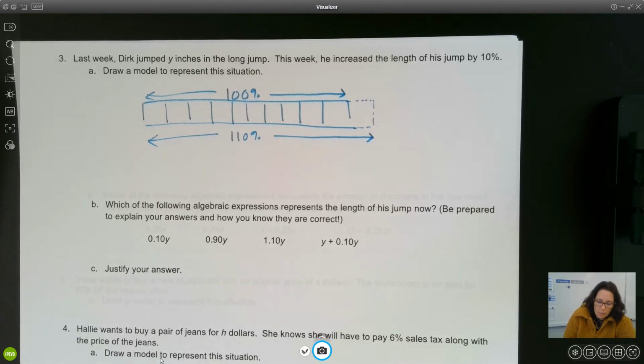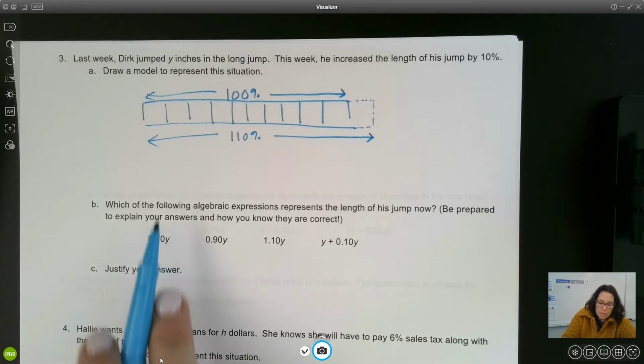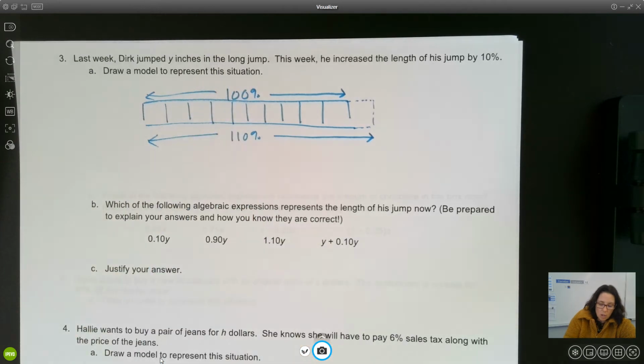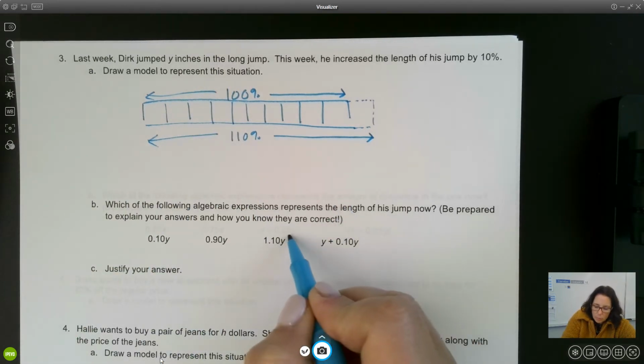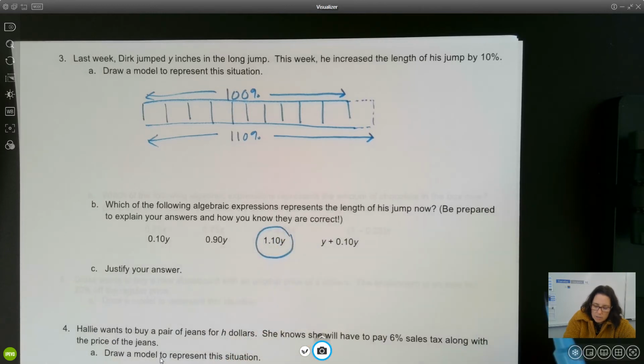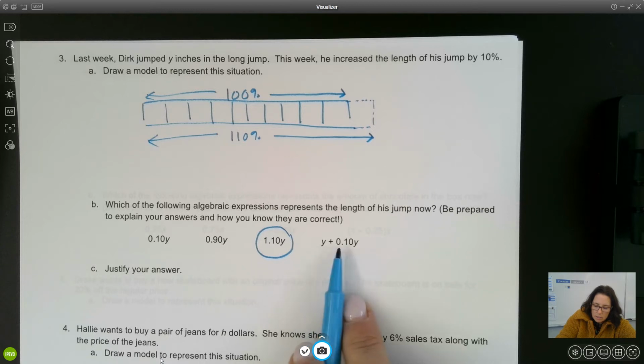Part B, which of the following algebraic expressions represents the length of his jump now? Be prepared to explain your answers and how you know they are correct. This is just the increase. Think about his Y inches in the long jump. 90% of that? No. But we can look for 110% of it, or we can look for 100% plus 10% of it.